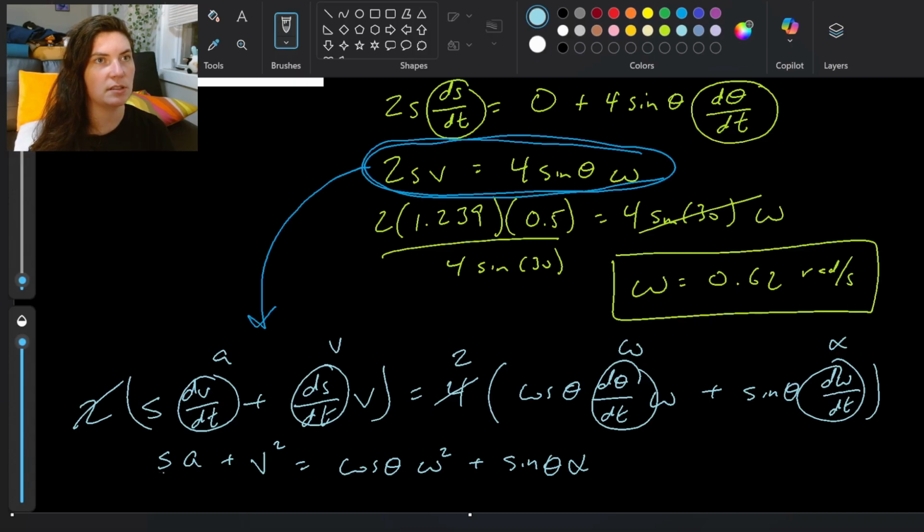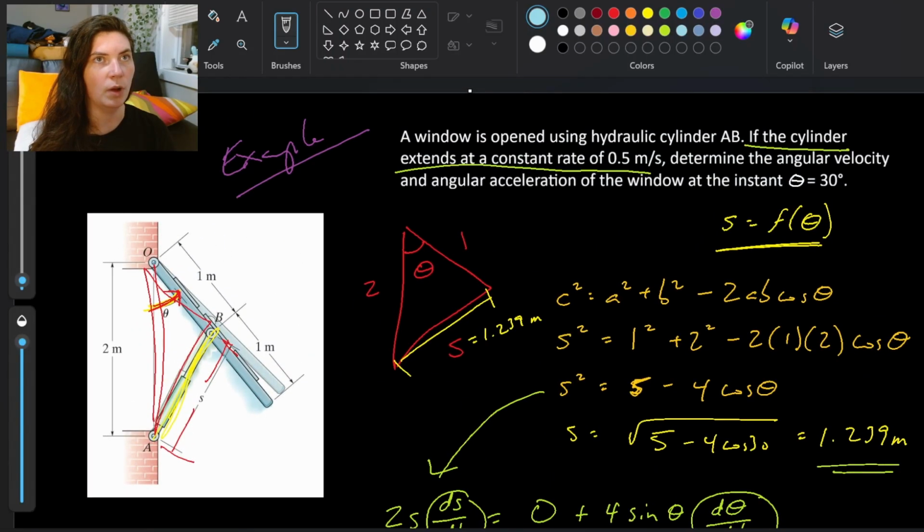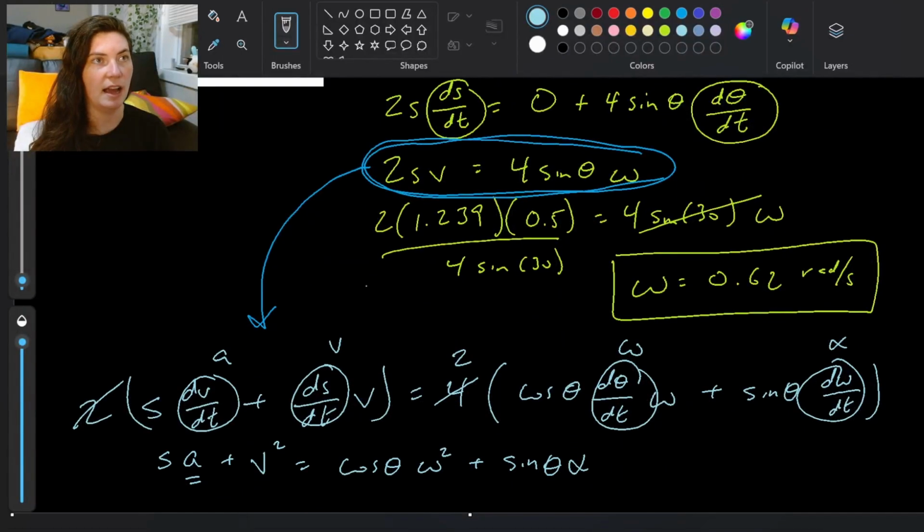Now, one thing we'll notice even before I do that is our acceleration here. What is this acceleration? Well, we have that cylinder extending at a constant rate of 0.5 meters per second, and since that velocity is constant, we're actually not going to have an acceleration for this guy.